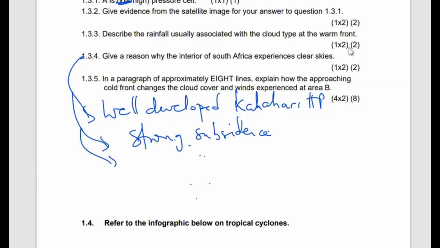And also we can talk of sinking air, the same from the Kalahari high pressure cell. If you are having sinking air, we are saying instead of the air being uplifted, it's going downwards. So clouds can only form, or unstable conditions can only result when we have a low pressure cell over the interior, which facilitates the upliftment of air.